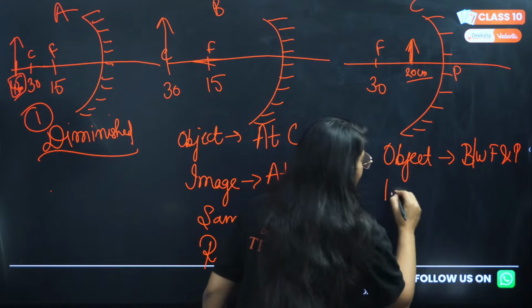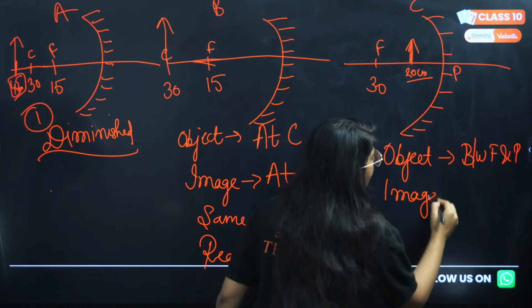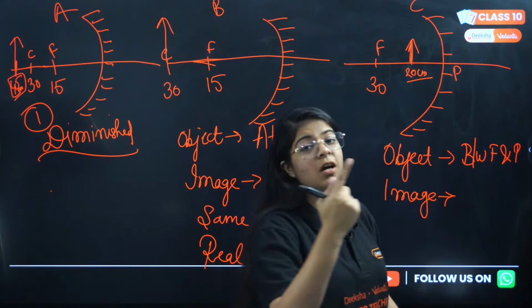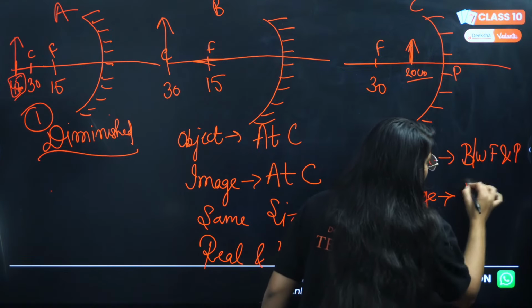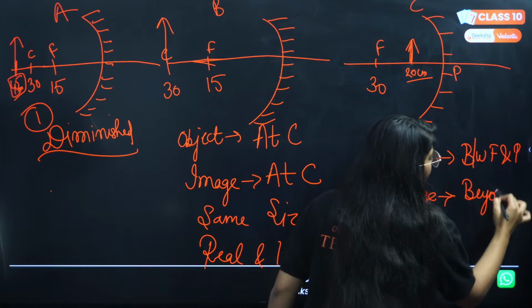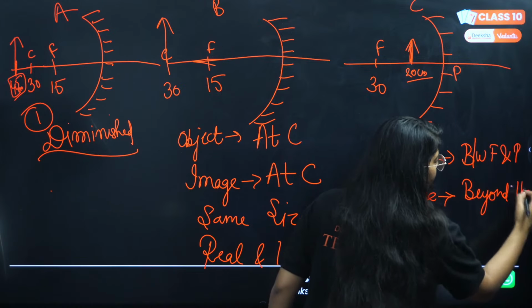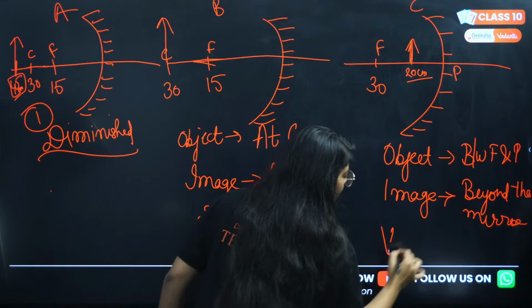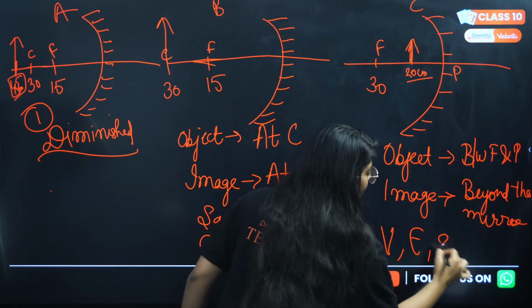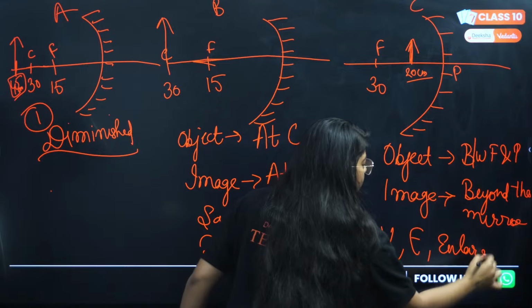Between pole and focus, we know this is the sixth case, which is an exceptional case. The image will be beyond the mirror, and it will be virtual and erect, and it will be enlarged, correct?